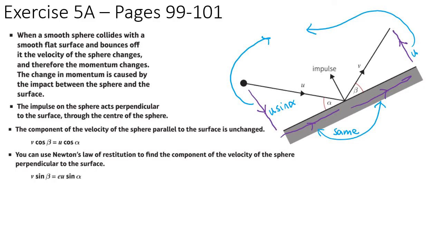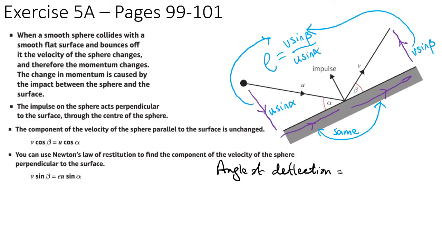v sine beta. So using the coefficient of restitution, we will have e equals v sine beta over u sine alpha. The angle of deflection is equal to angle alpha plus angle beta.